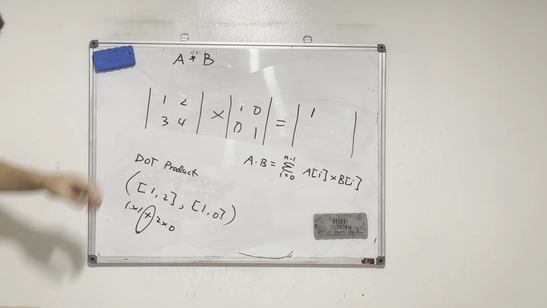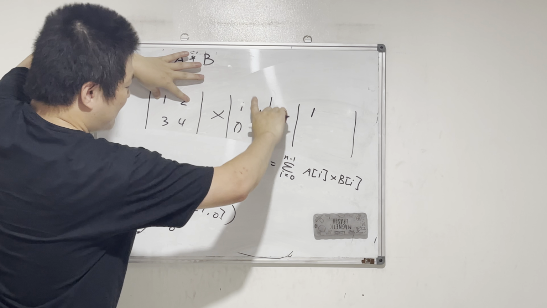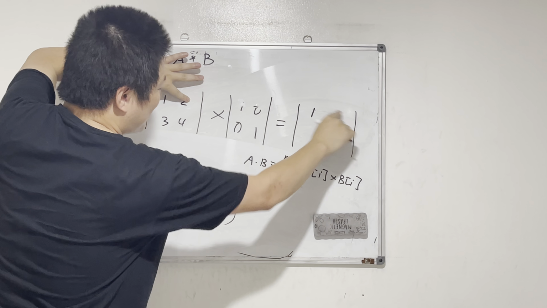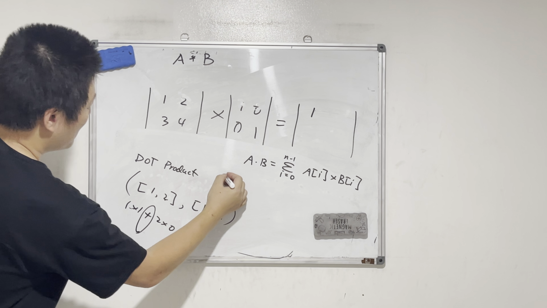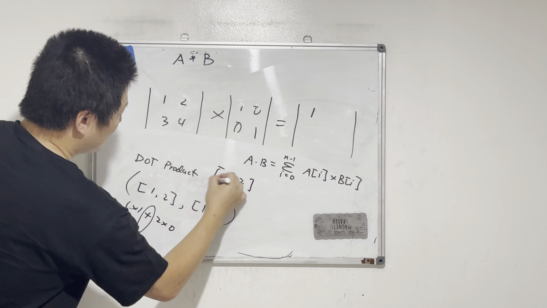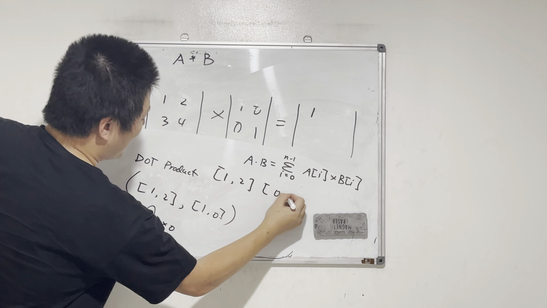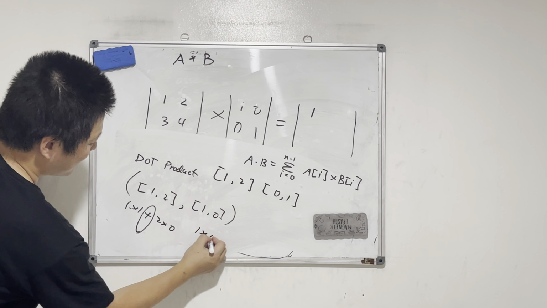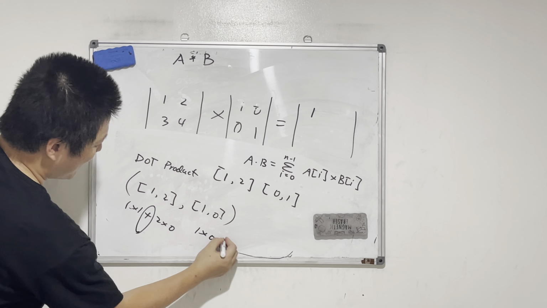Next one here. You take the first row, second column. So you'll be [1, 2] dot product with [0, 1]. 1 times 0 plus 2 times 1 equals 2.